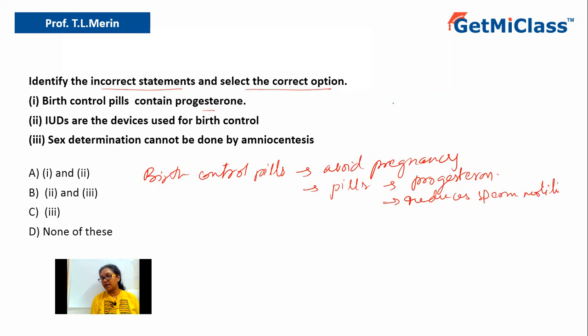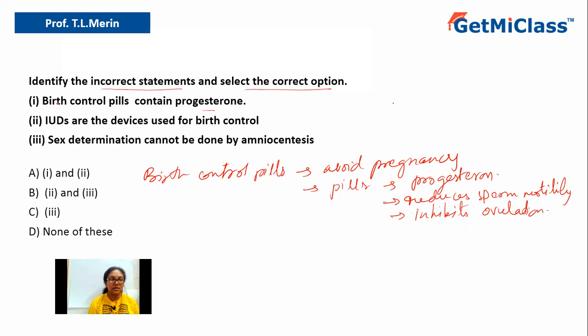It may not directly act on the sperm, but it produces very thick mucus in the vagina of the female. So when the sperm is released through the vagina, it cannot move because of the thick fluid. Also, progesterone inhibits ovulation. Ovulation is the formation of the egg.